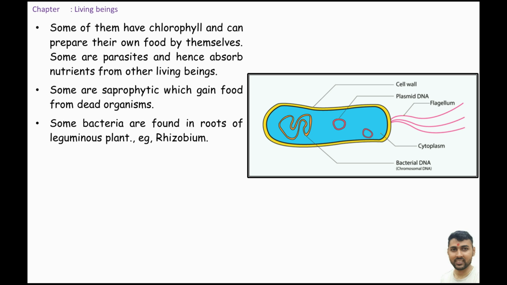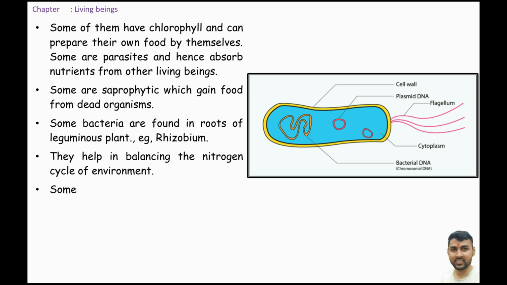It is used to increase the fertility of soil, as it is found in the root of the leguminous plant. They help in balancing the nitrogen cycle of the environment. It means it increases the fertility of the soil and the concentration of nitrogen in the soil.